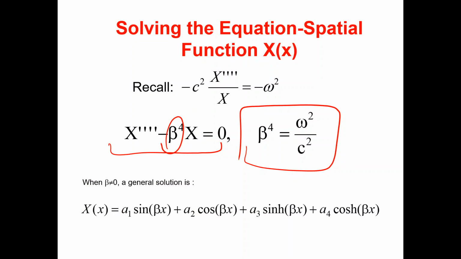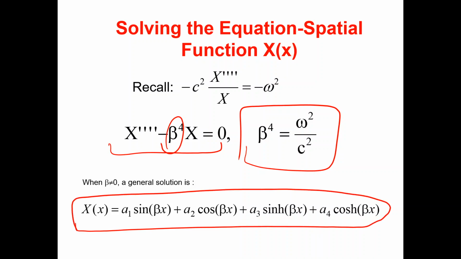Okay. And when beta is not equal to 0, we know the general solution is going to look like this. X of x is going to be equal to coefficient a1 sine of beta x plus a2 cosine of beta x plus a3 hyperbolic sine of beta x, and a4 hyperbolic cosine of beta x.